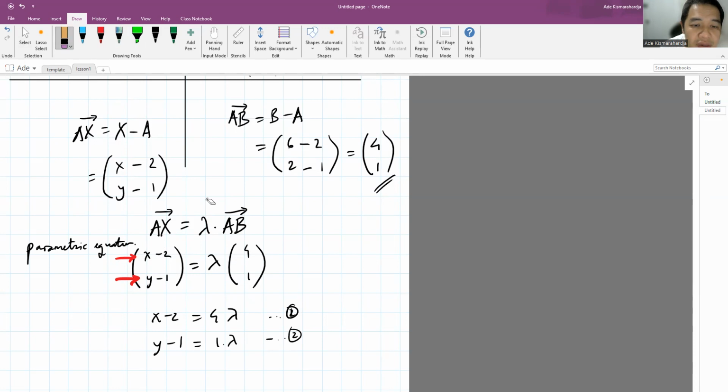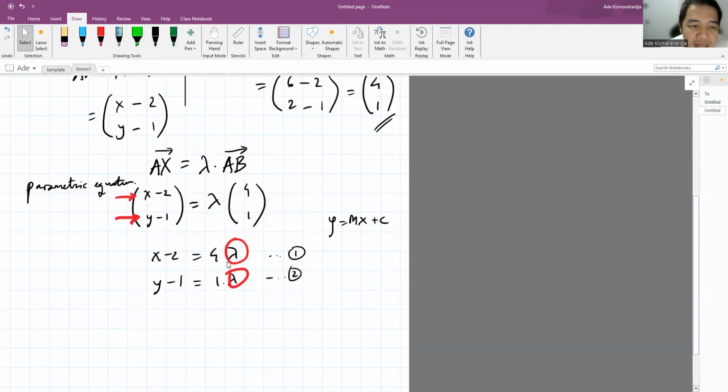If you want to get the equation of the straight line, the equation that looks like before, y equals mx plus c, you see that in this equation we only have two variables, x and y. So you want to get rid of this lambda. How can you do that? Well, you can substitute lambda from one equation into the other.